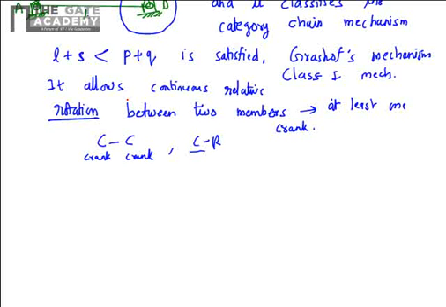So this is a condition. How is this Grashof's condition derived? It's again from simple geometrical consideration. Consider a mechanism, a four-bar mechanism here, as we just discussed. This is the shortest link, this is the longest link, and these are the intermediate ones. If you want to have a complete rotation of the shortest link, the extreme position of this mechanism would be such that the shortest and the longest link fall in a single line.